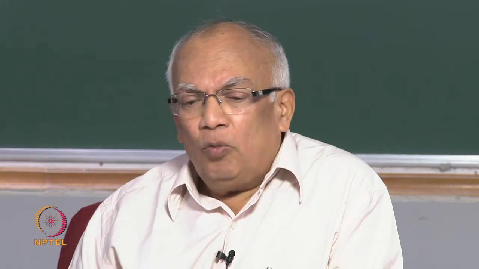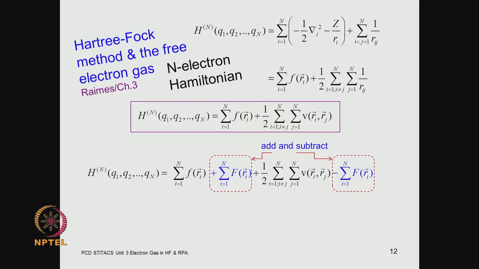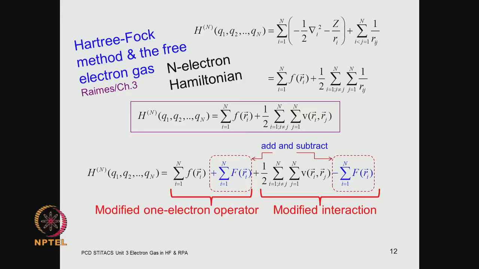What is left is the difference between the term V and the term F, and if this difference is small, we can hope to treat it perturbatively, so that the requirements of perturbation theory will be satisfied. So, that will be one criterion to choose F, and the question is, how do we choose F?